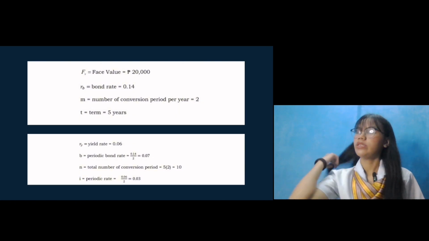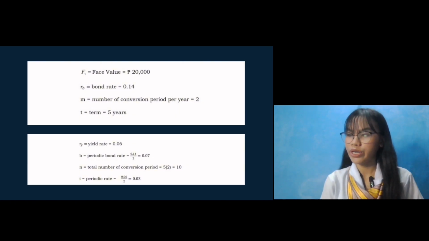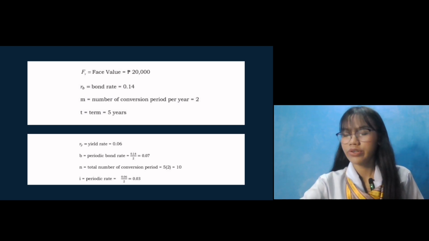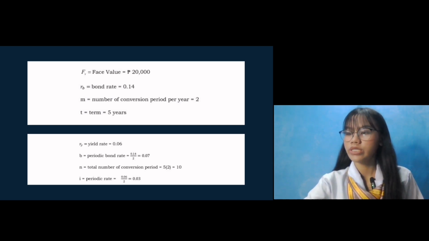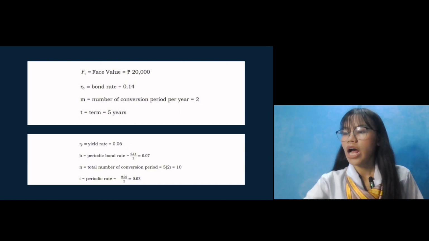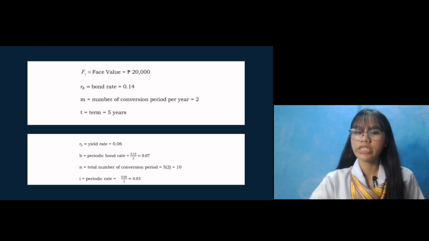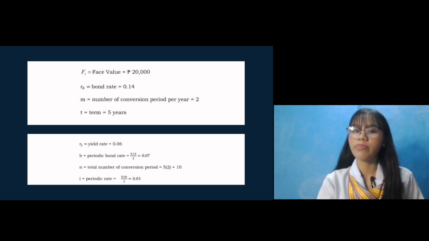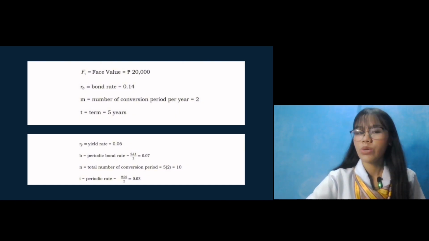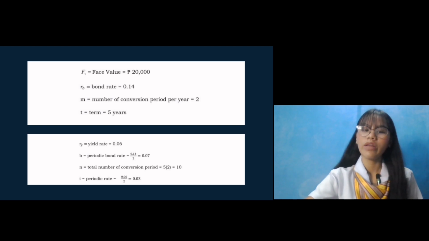Now, lastly, for our I, in order to get that I, the 0.06, which is the yield to the purchaser at 6%, will be our R here in our I. And since it is stated that it is converted semi-annually, our M would be 2.